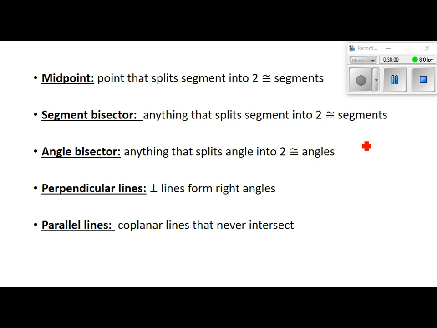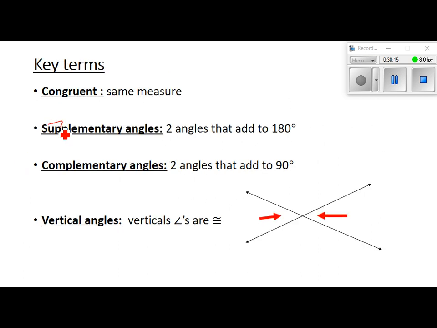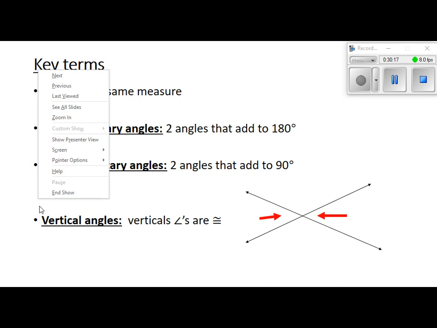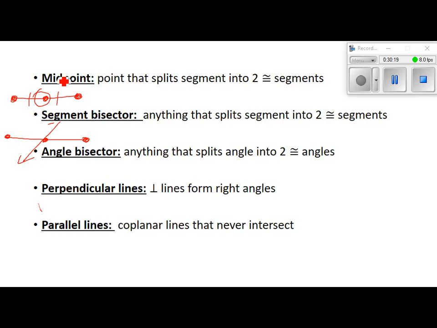No. So the midpoint might look something like that. That's your midpoint right there. A segment bisector could be just that point, or it could be some line that runs through there. But it still splits a segment into two congruent segments.